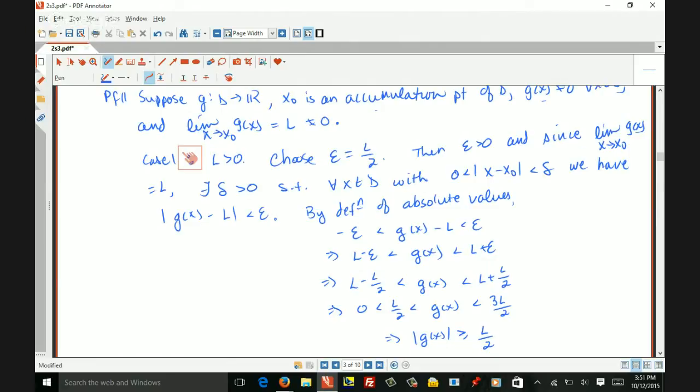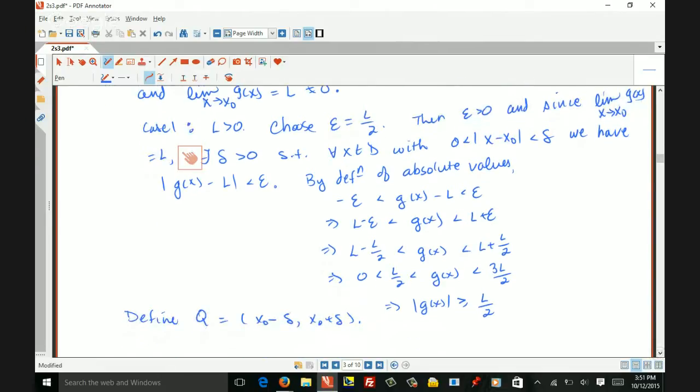And now we have to figure out what that Q was. Remember, we were looking for a Q. I would submit to you that Q is going to be the interval x naught minus delta to x naught plus delta. Then for all x in Q intersected with D, you're going to have g of x is greater than L over 2 if x is not equal to x naught.